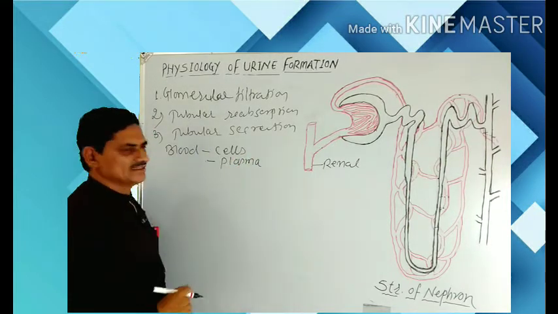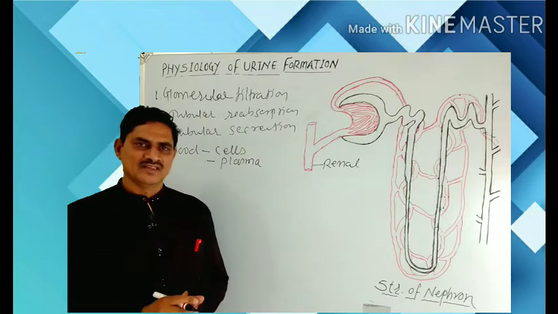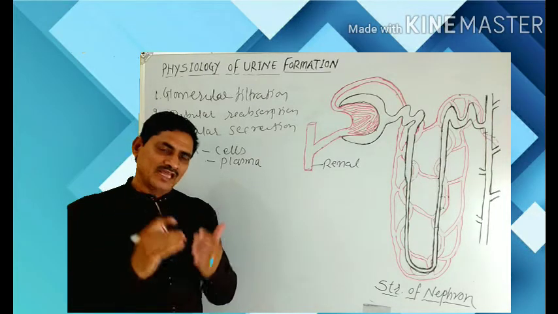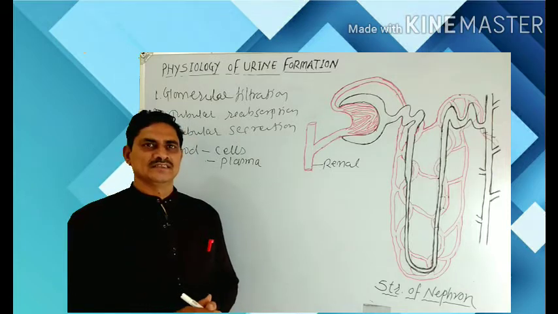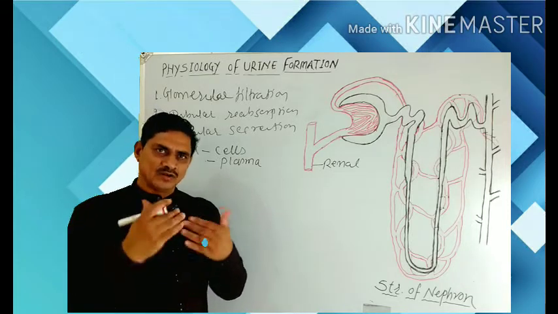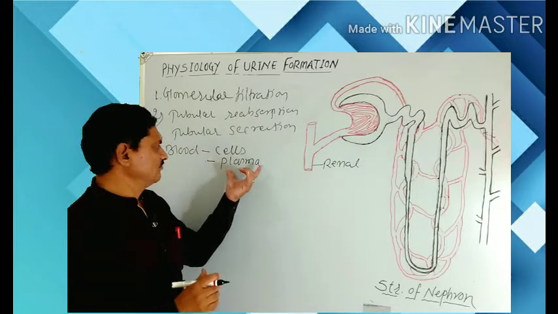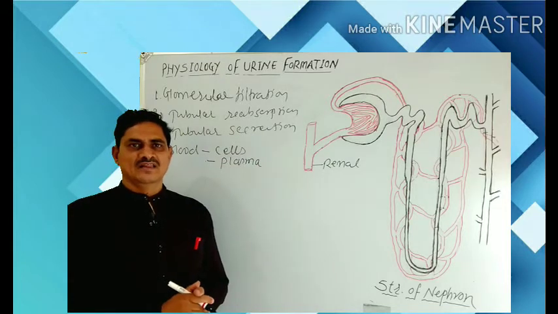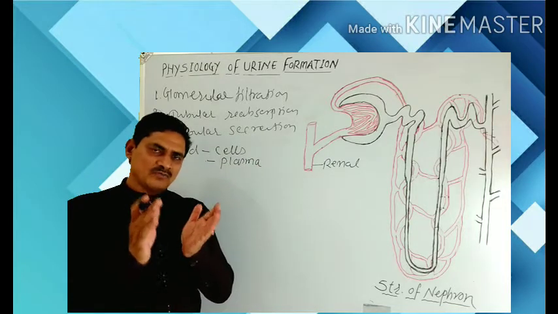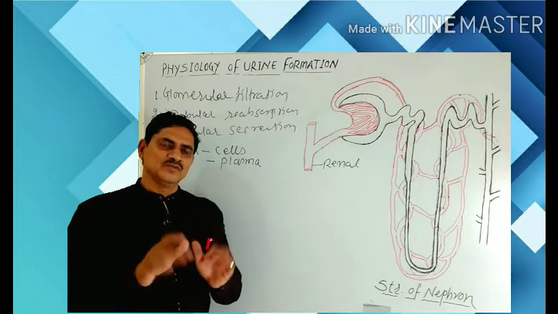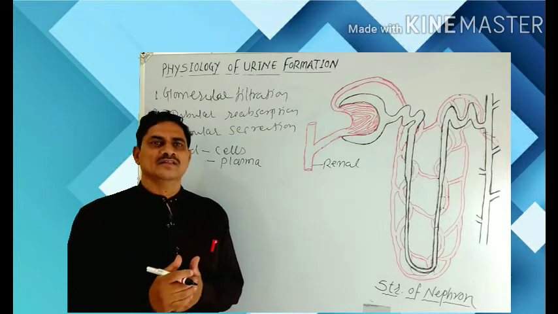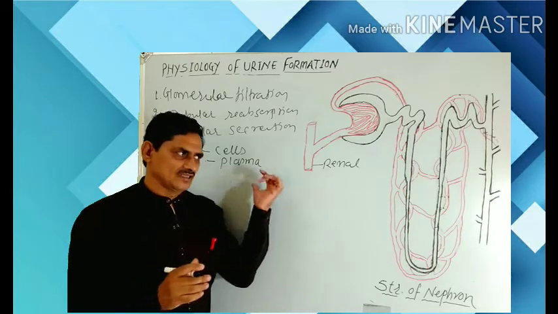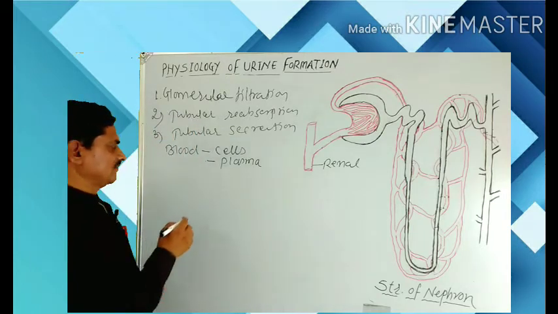This plasma is a fluid tissue, and in this plasma various solutes or dissolved components are present. These components may be useful, or there may be unwanted or waste components, also present within this plasma.